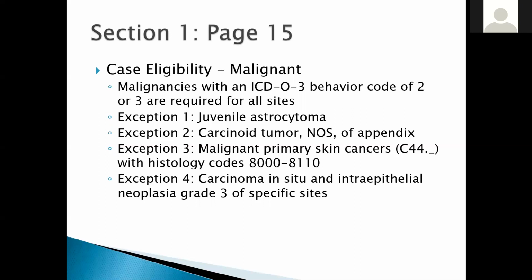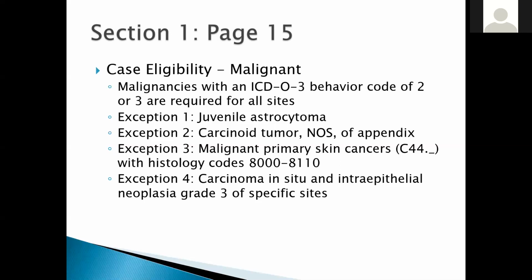However, juvenile astrocytoma is listed as code 9421/1 in the ICD-O-3 manual, but this is now required to be reported, and it should be recorded as 9421/3 in the abstract. So even though it's a behavior code of 1 in the ICD-O-3 manual, we have to report it, and it actually has a behavior code of 3 now.